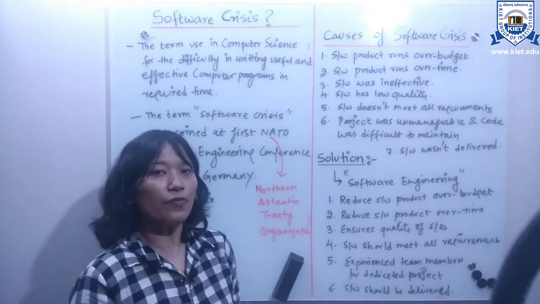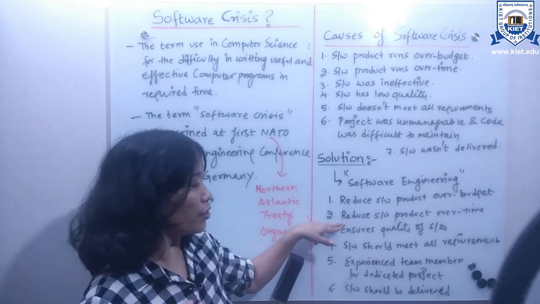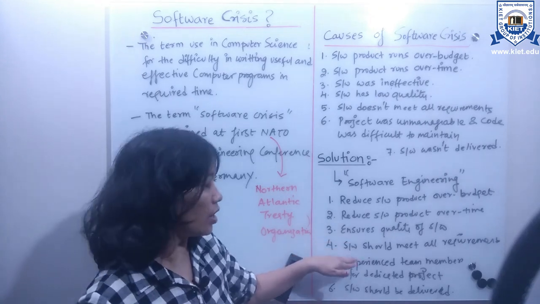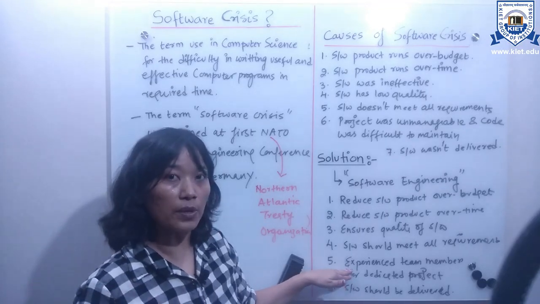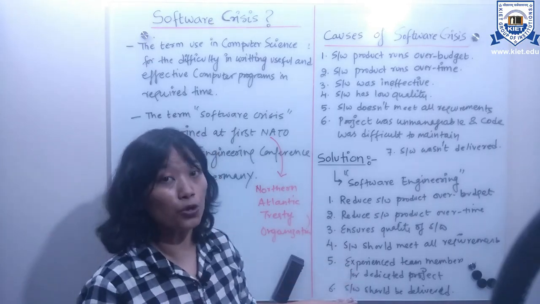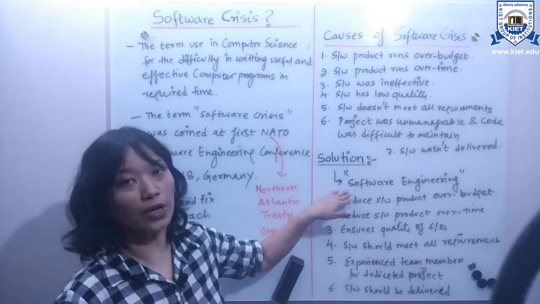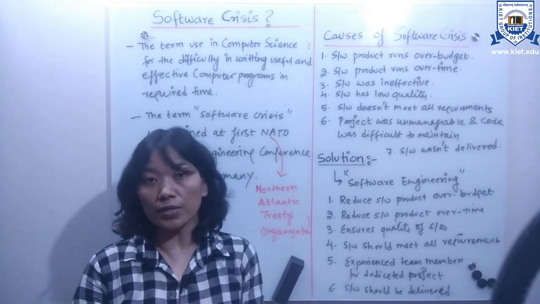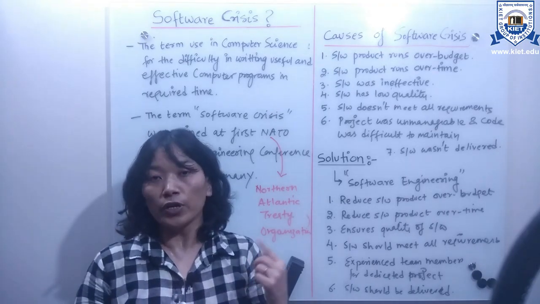The guidelines for software engineering were: the first one, reduce the software product going over budget, reduce its overtime, ensure the quality of the software product, software should meet all the desired requirements, experienced team members should be assigned to dedicated software projects, and software should be delivered on time. So these were the guidelines of software engineering to prevent the software crisis. Now you can understand how software engineering is the possible solution to the software crisis.